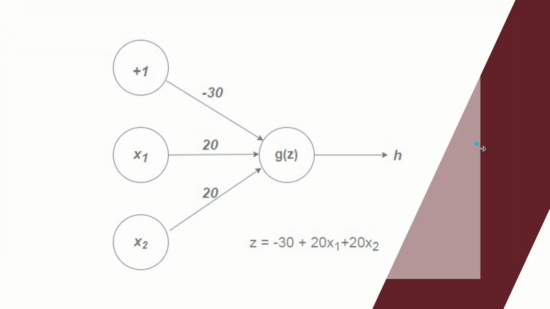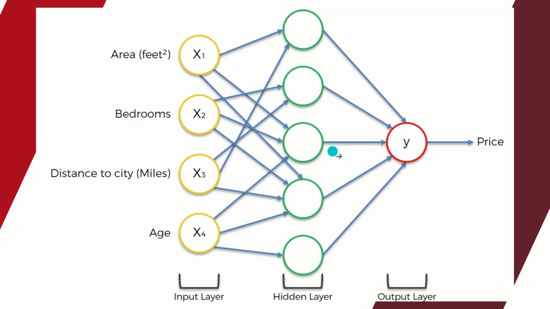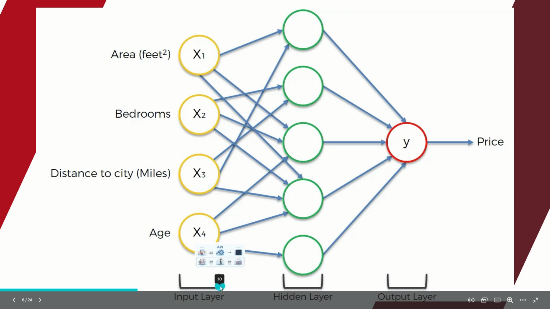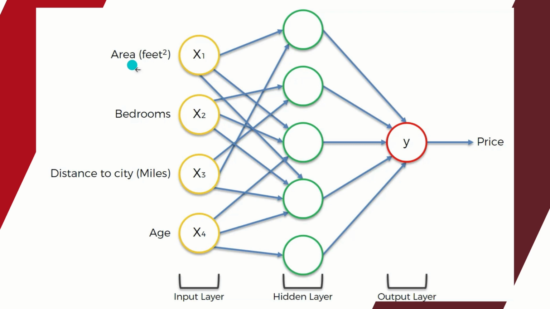So we can see another example with a hidden layer. So in this, now you can see that there are three layers in all. The first one is labeled as input layer, like you can see. The second one is the hidden layer, and the third one is the output layer. So in this picture, what we are doing is we are taking certain features like area in feet square, bedrooms, distance to the city in miles, and age.